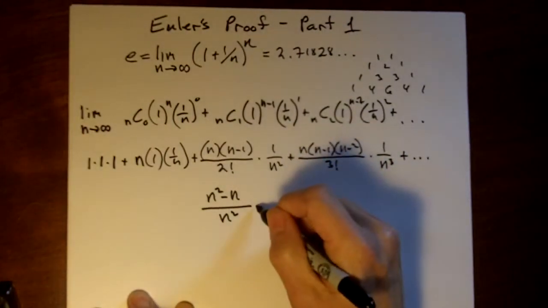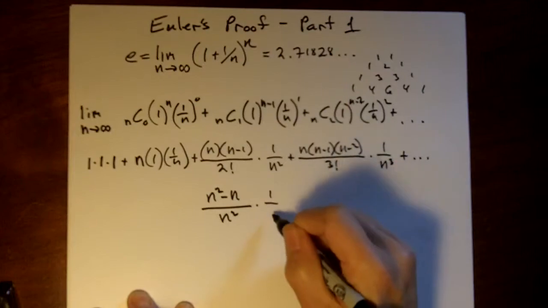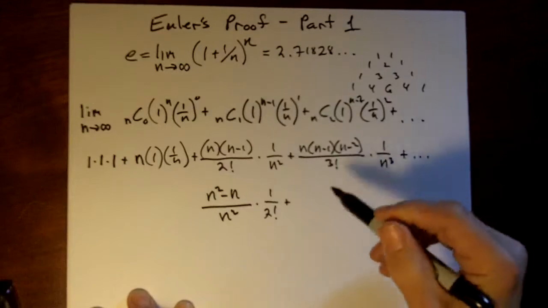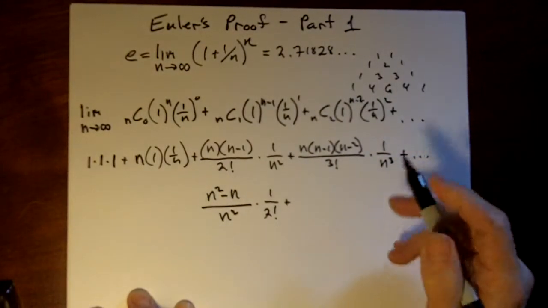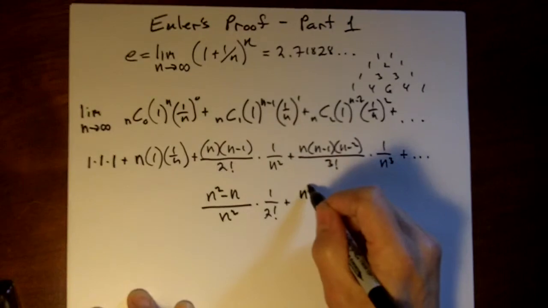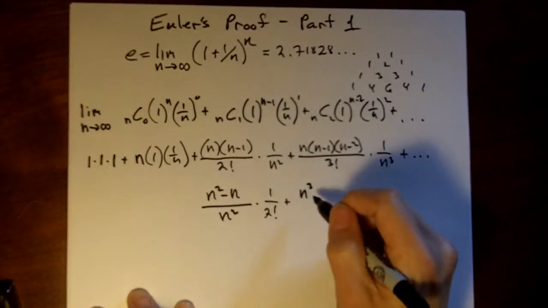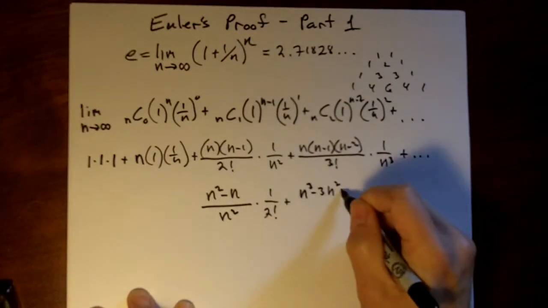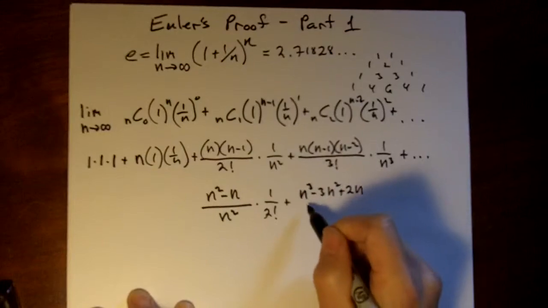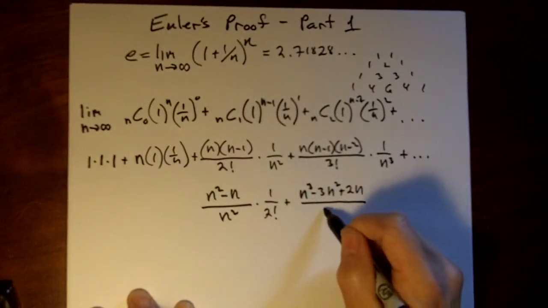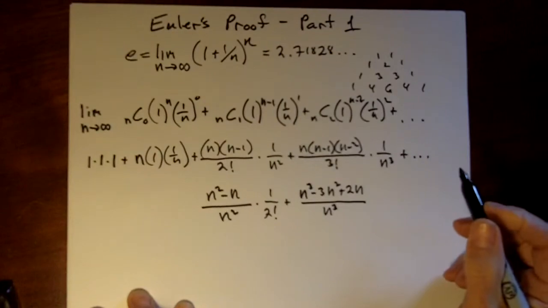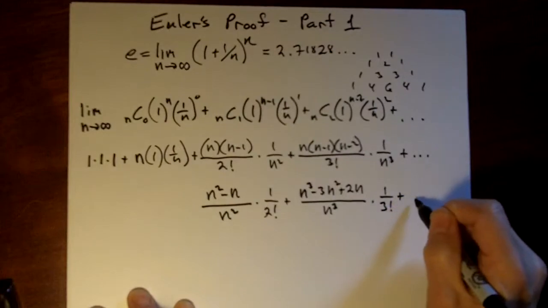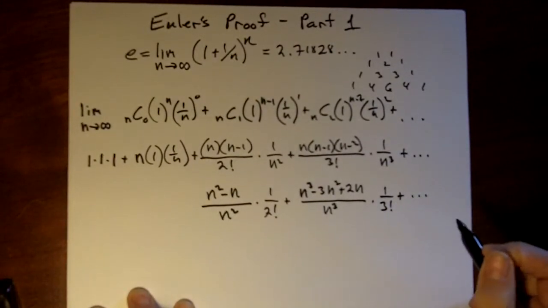Then we'll put everything else over to the side here, so times 1 over 2 factorial. This next term, if I multiply that out, I'm going to get n cubed minus 3n squared plus 2n. I'm going to do the same thing here, bringing this n cubed underneath, and then multiplying this times 1 over 3 factorial. We could keep going, but I think we won't.